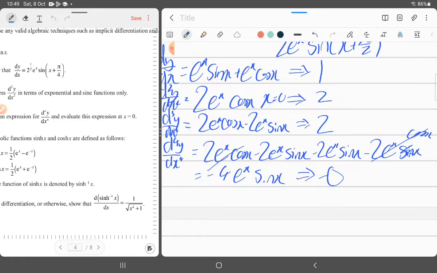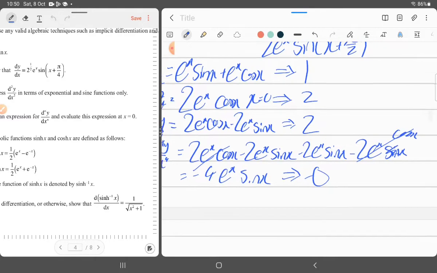Because I can't seem to find sine x plus e to the power of x. Actually, can I factorize this?